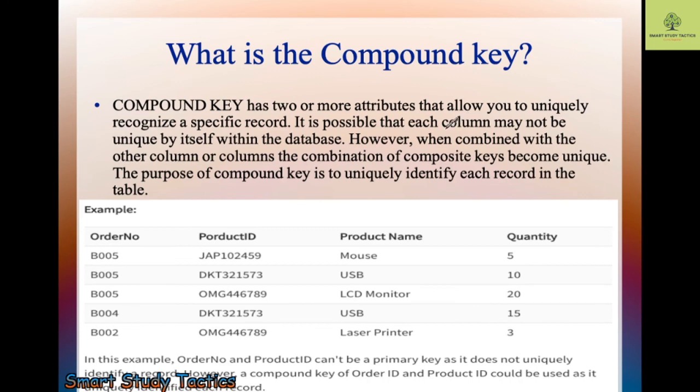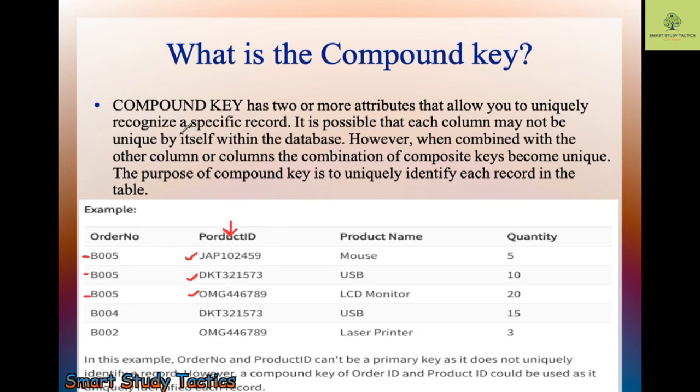So now here is the compound key. A compound key has two or more attributes that allow you to uniquely recognize a specific record. You can see here B005, B005, B005. This is repeated multiple times, but here you can see this is a different product ID, and this is a different product ID. So this is a compound key.